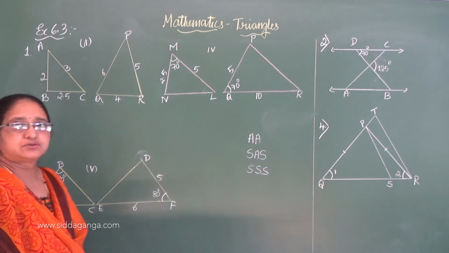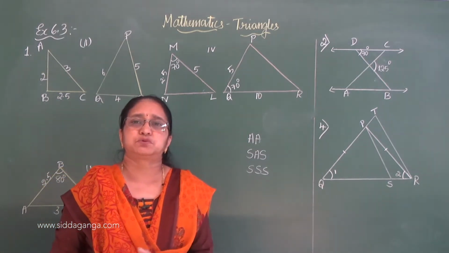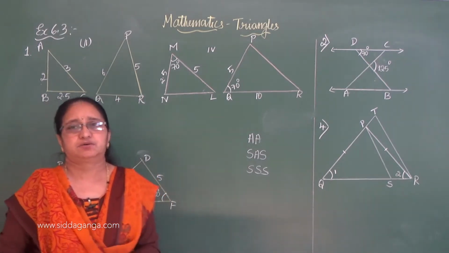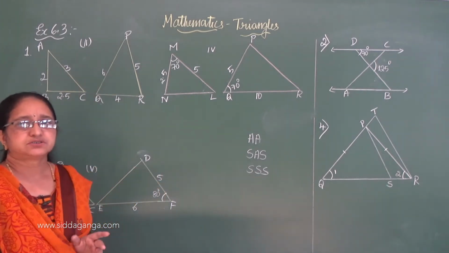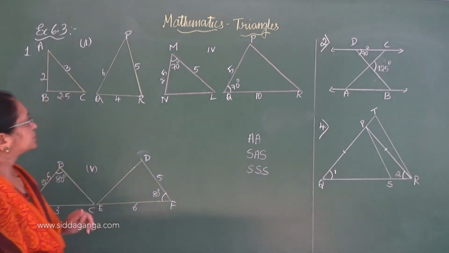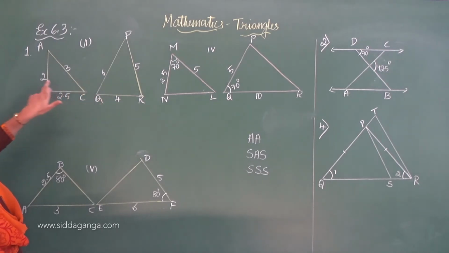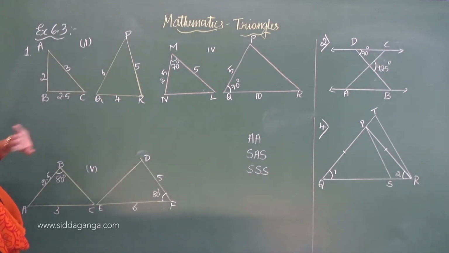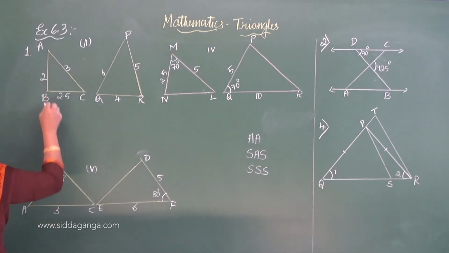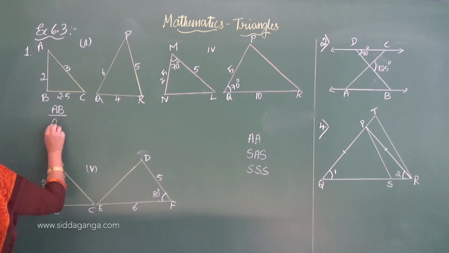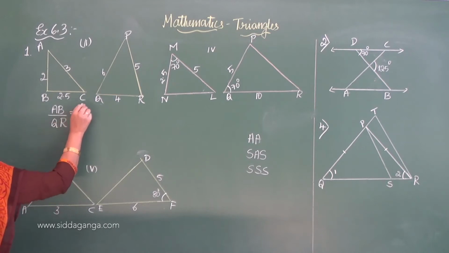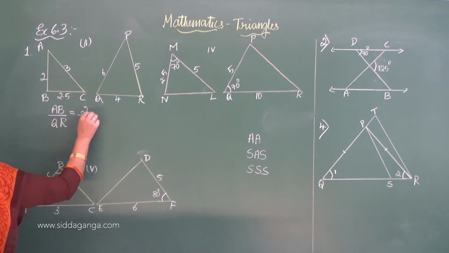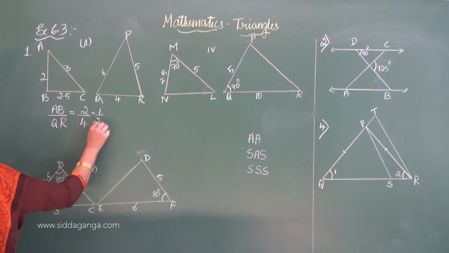Okay. Now you have to check the proportionality of the sides, because they have given the sides. So just check the proportion. When you see this, you will come to know that 2 and 4 actually. So here what shall we write? AB by QR. I will write AB by QR. So what is this? 2 by 4. So 2 by 4 means, you all know, 1 by 2.